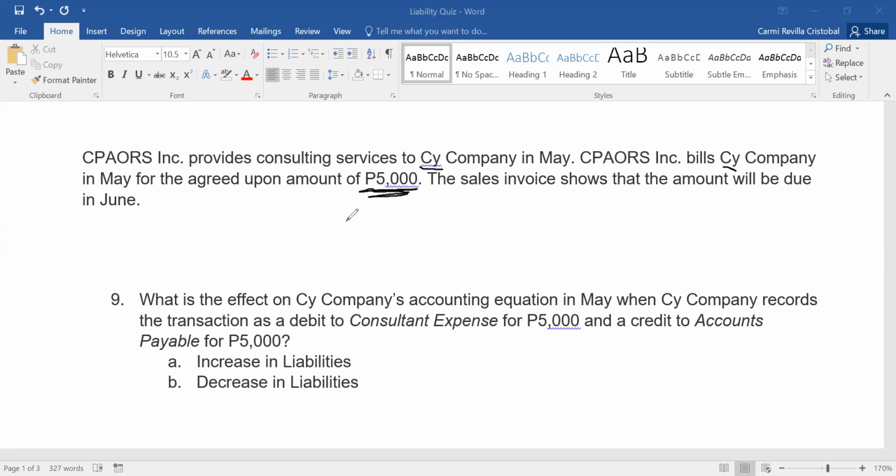So siya yung nag-bill. Okay, so the sales invoice shows that the amount will be due in June. So it looks like it has a 30 days terms. Hindi man nakasulat dyan, but assuming, by reading the problem, it's May and June, you know that it has a 30 days coverage.